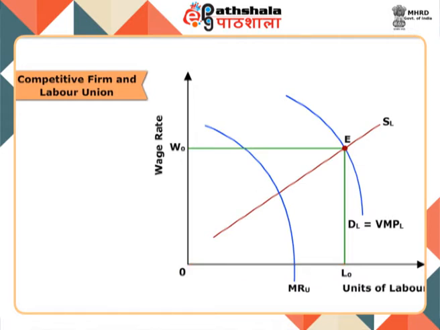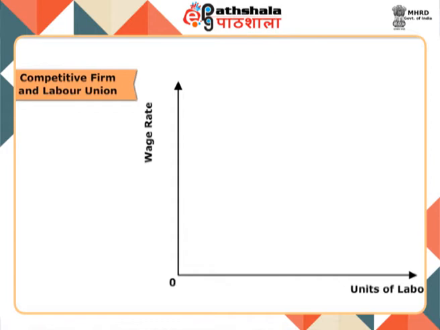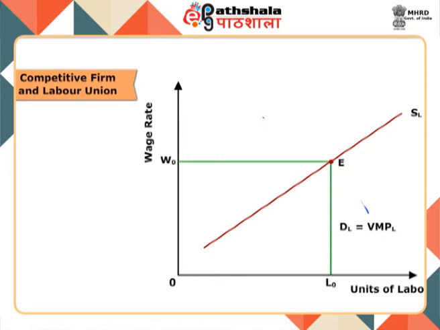On the other hand, for the labor union, it is now required to examine whether, with these targets, the labor union is benefited or not. We begin with the equilibrium under a perfectly competitive labor market that happens at point E in the figure. Equilibrium wage rate is W0 and the corresponding profit-maximizing level of employment is OL0 units of labor.